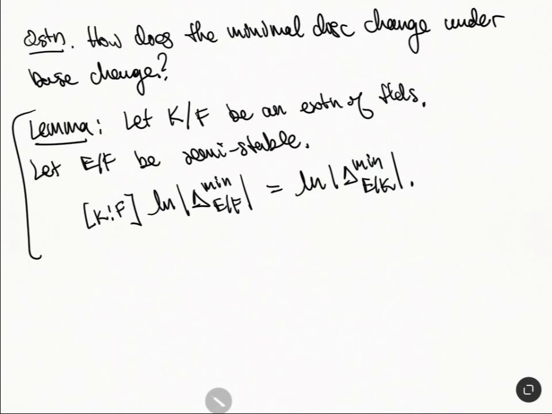All right, let's give the proof of this. We're going to fix K over F a finite extension.